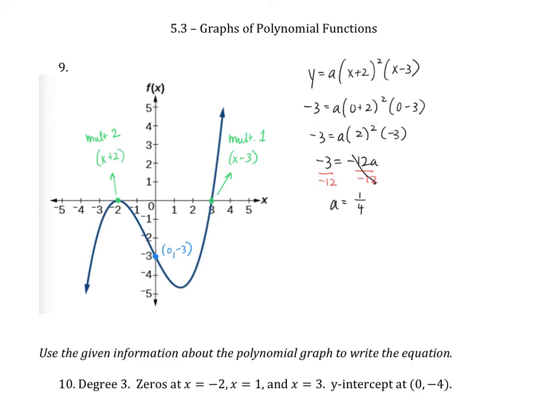So a is 1/4. So now to write my polynomial, I have a equal to 1/4, and I'm going to use my factors and their multiplicities. So I'm going to have f of x equals 1/4 times x plus 2 squared times x minus 3.